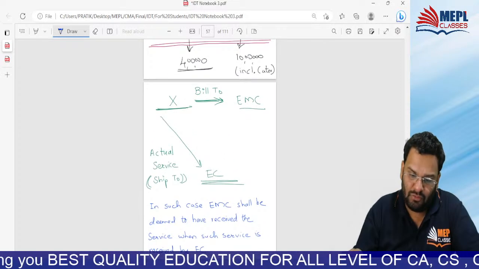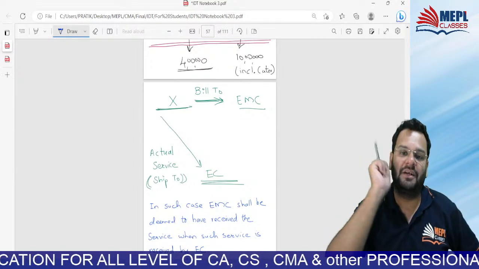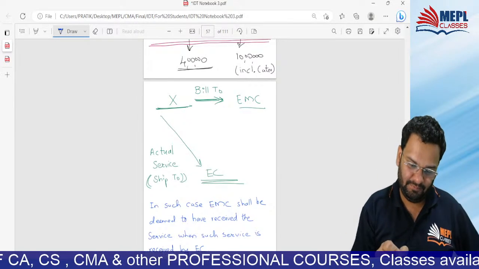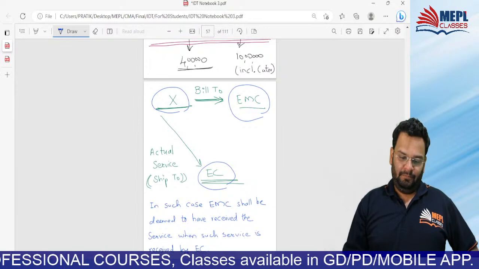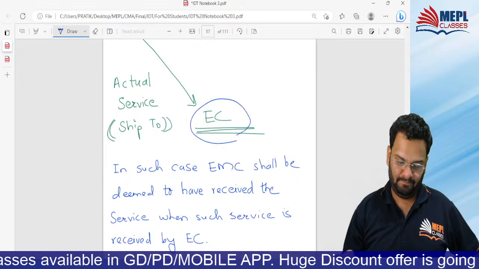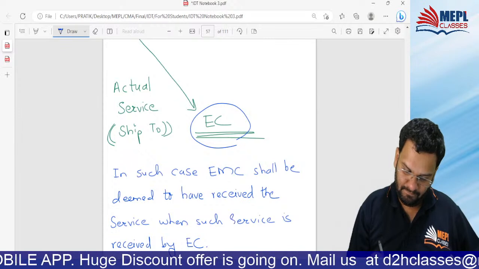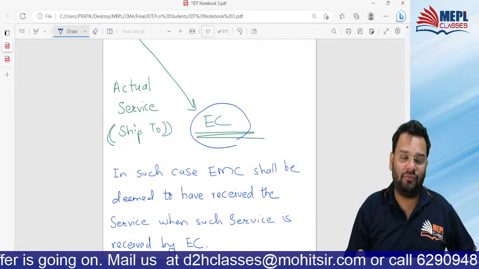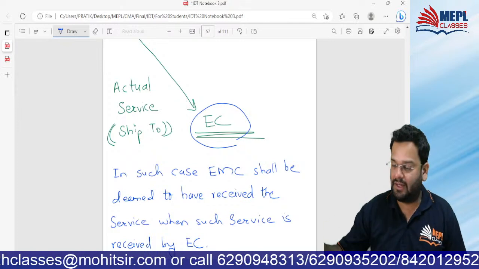Is this illustration clear to you? Tell me, guys. So bill to ship can happen also in case of services. That's what I wanted to tell you.